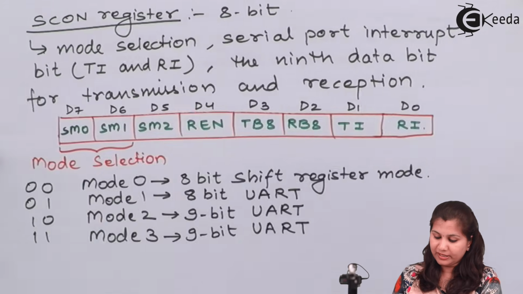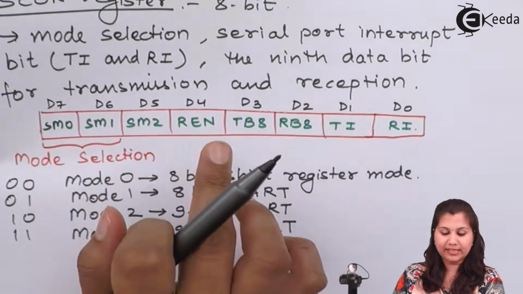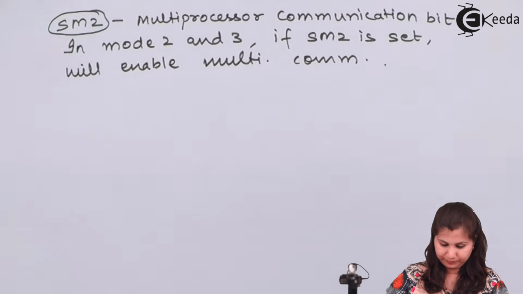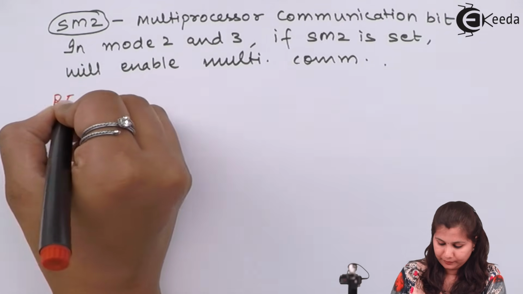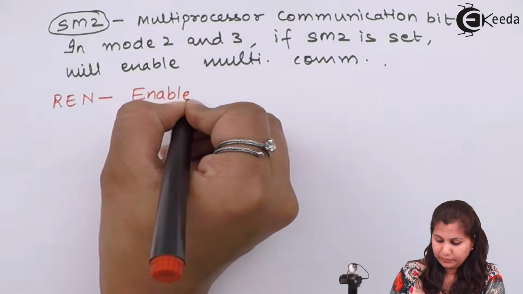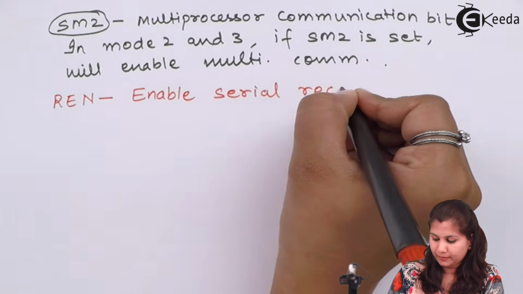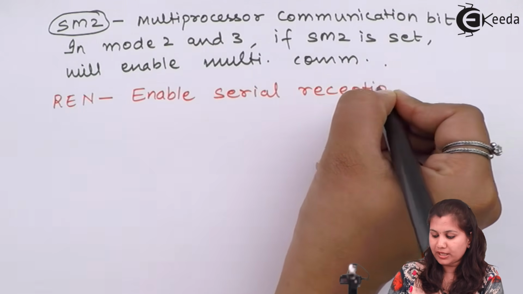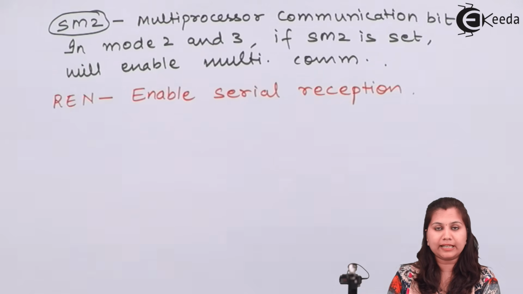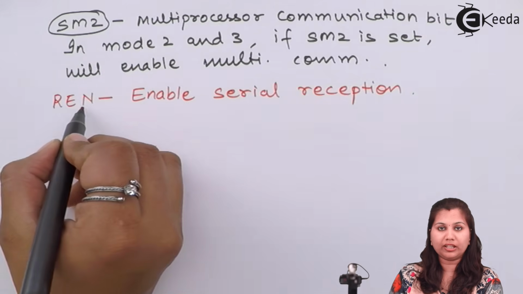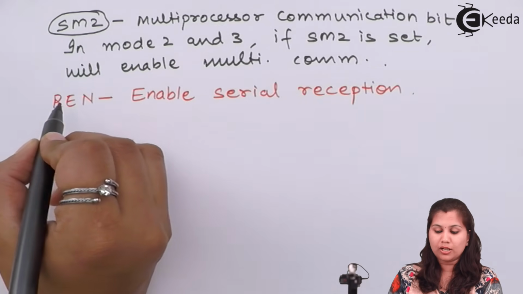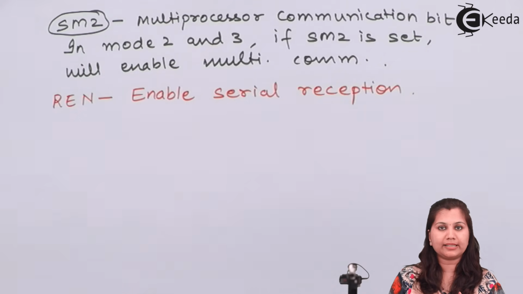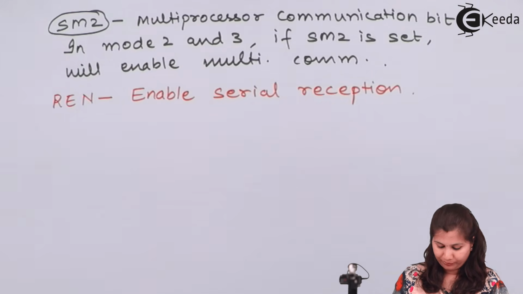Next bit we have is REN, that is receiver enable. Because both transmission and reception can take place in 8051, to enable the serial reception we make this bit 1. When it is 1, the serial reception will start.